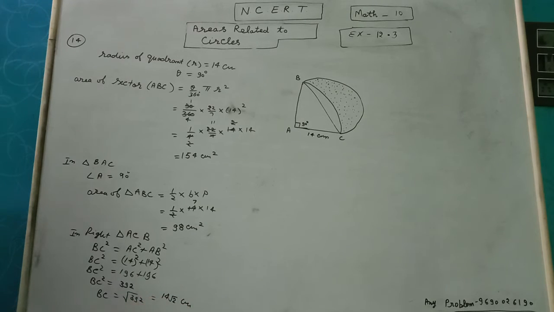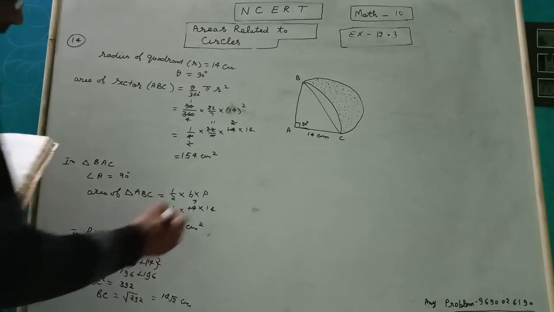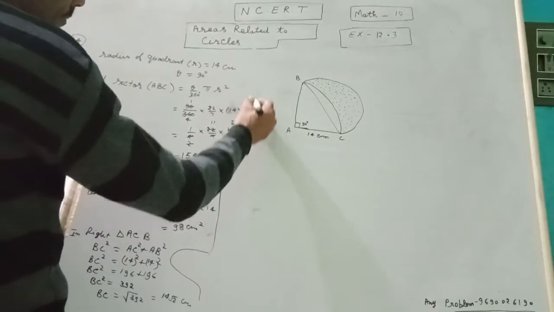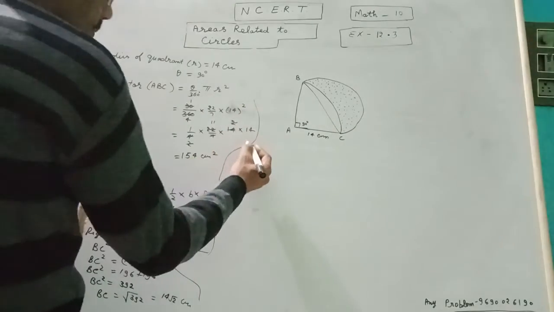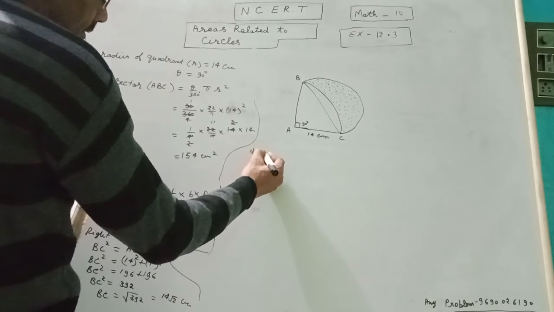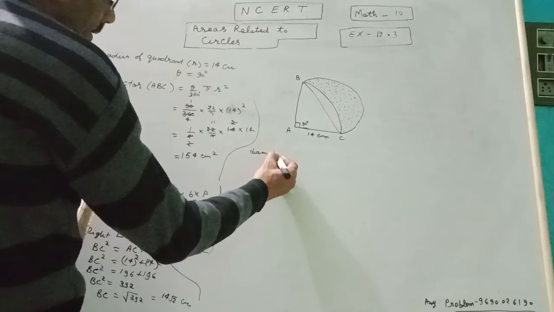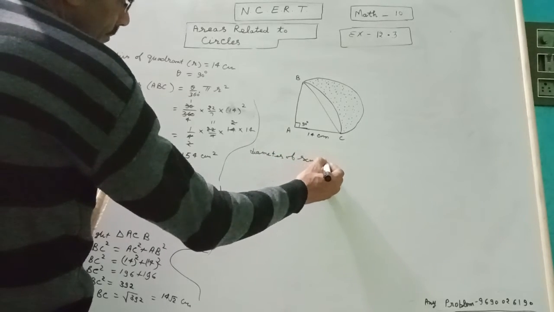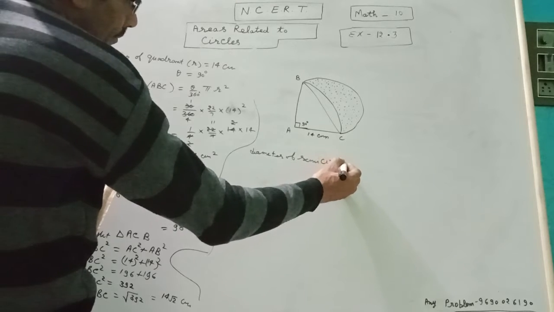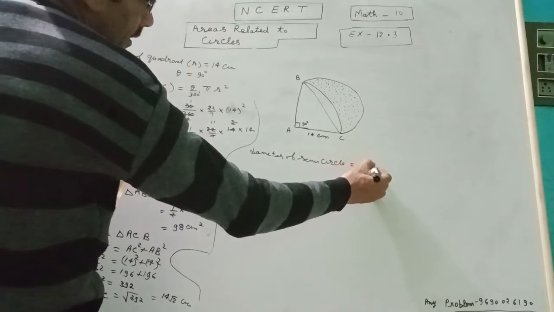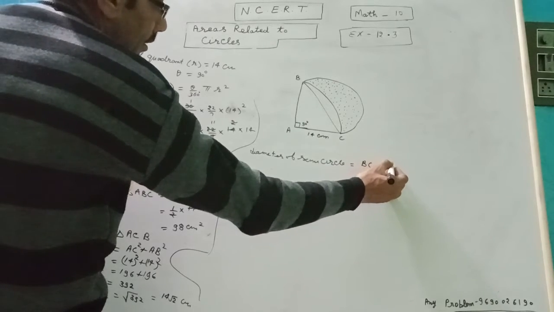In the right triangle, BC will be the diameter of the semicircle, equal to 14 under root 2.